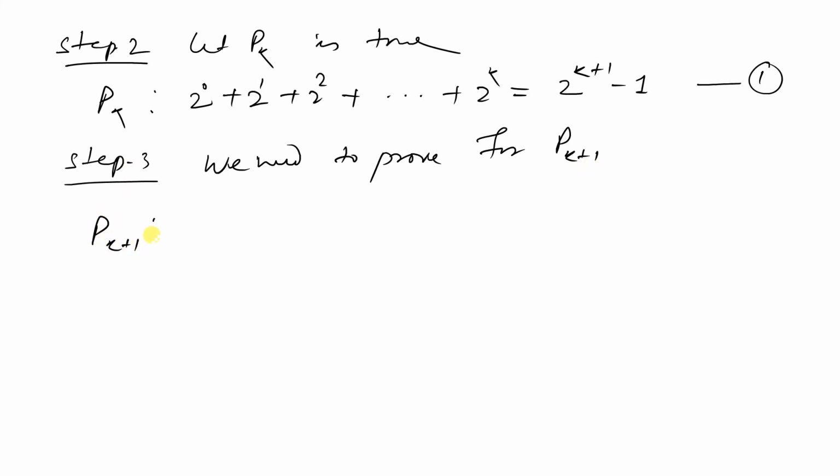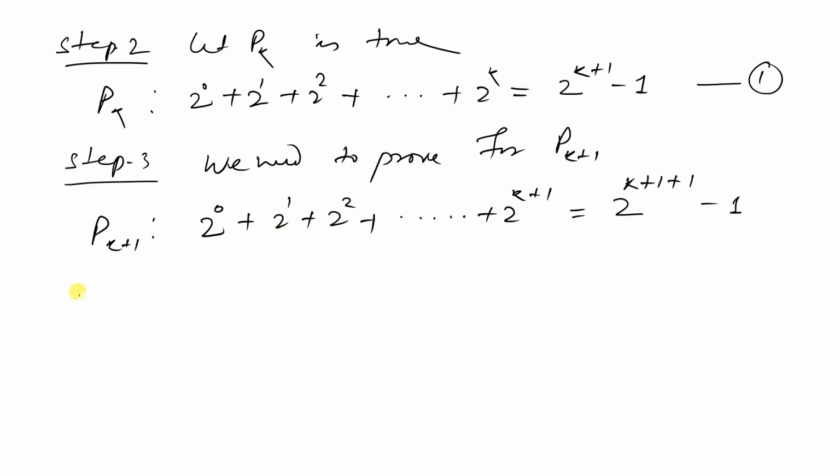So P(k plus 1) is 2 to the power 0, 1, okay, this is the P(k plus 1). Here we can write down the right hand side. This is the right hand side. Understood? Put k plus 1 in place of k.